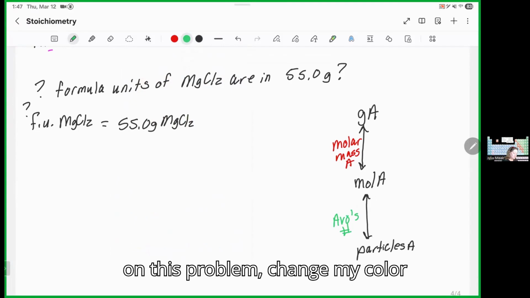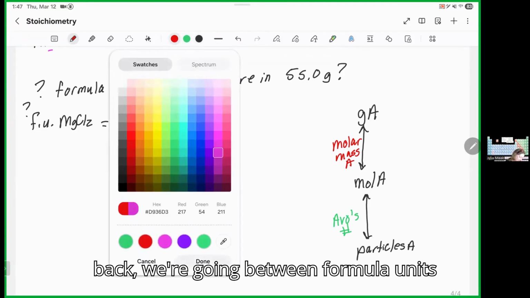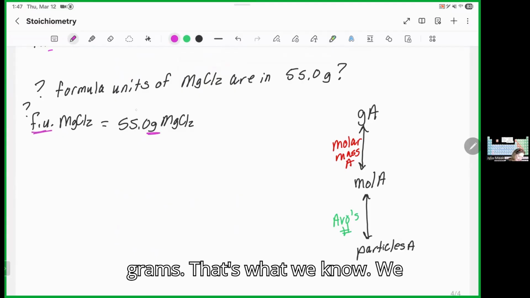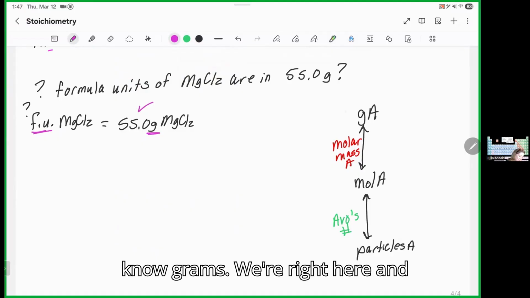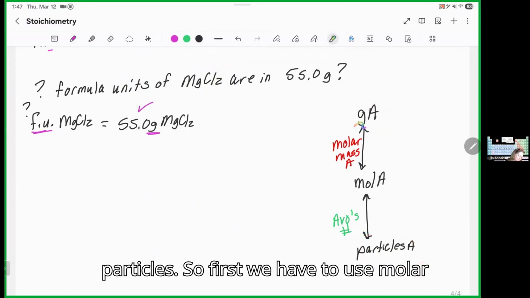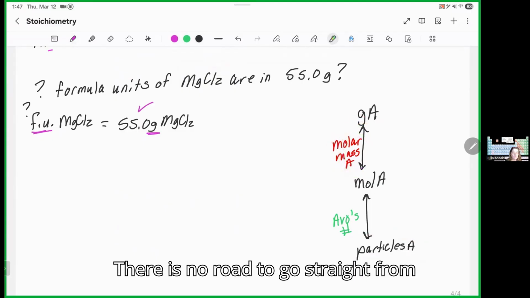So on this problem, we're going between formula units and grams. So we're starting at grams. That's what we know. We're right here. And we want to go to our particles. So first, we have to use molar mass in order to get to our moles.